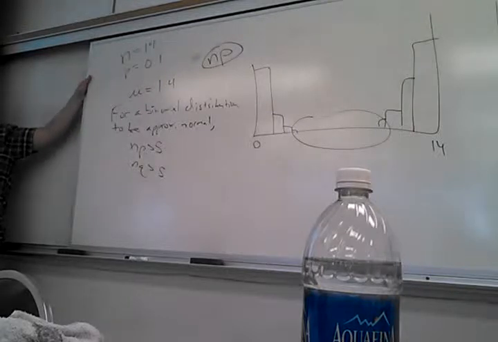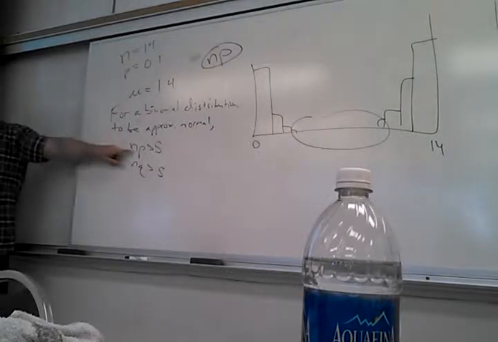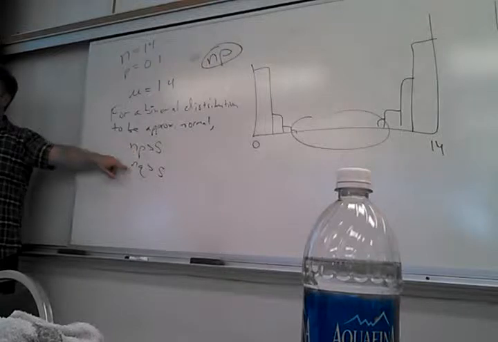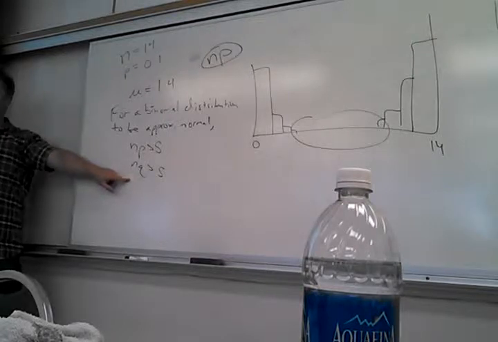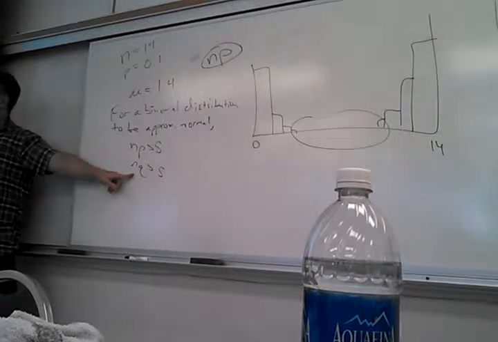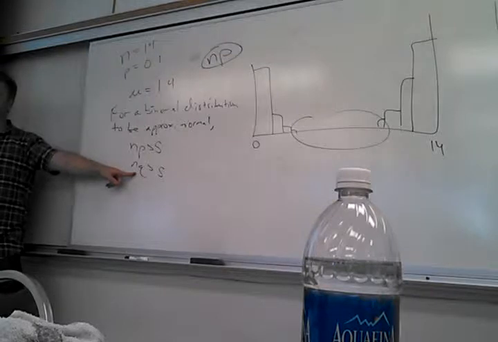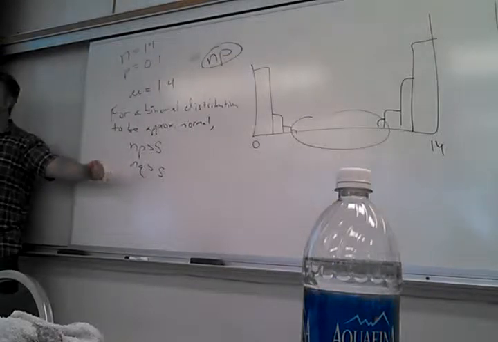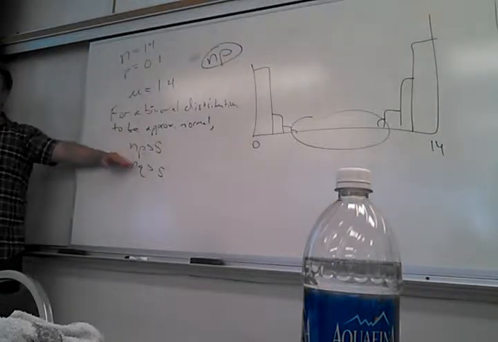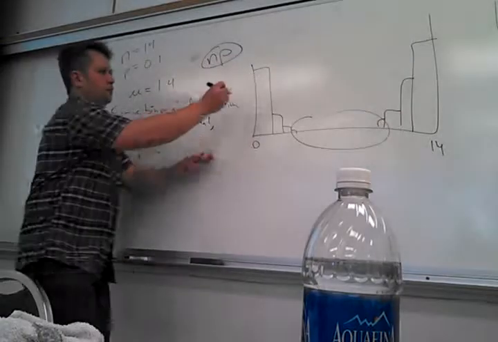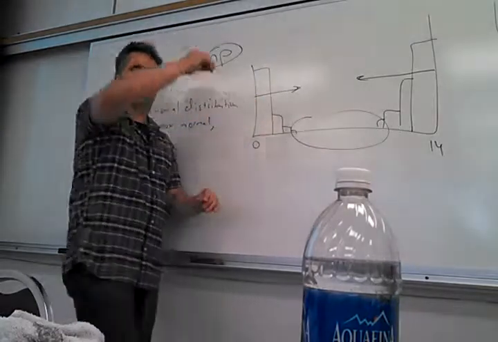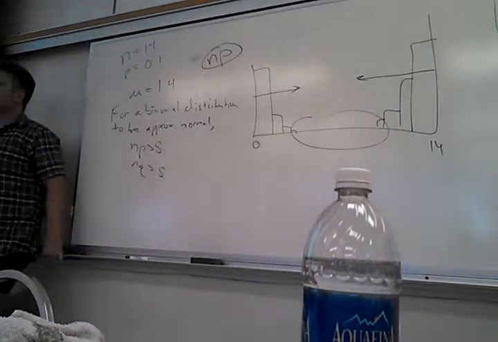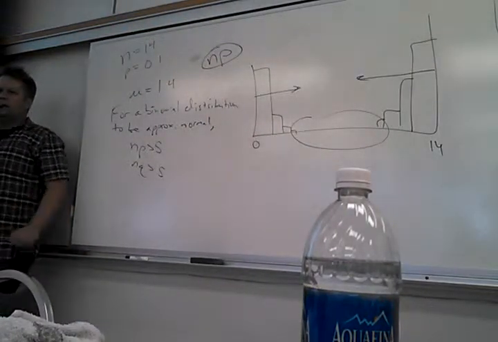We've never really looked at NQ, but if NP is the number of heads I expect, NQ must be the number of tails I expect, or even more generally, the number of not heads I expect. The number of failures I expect. You guys kind of with me? Does it make sense that if both of those are true, it's going to pull it away from that wall, and it's also going to make sure it doesn't run into that wall? So then it's got room to grow and shrink. That's the whole idea. It's beautiful. It's very visual. Thank God.